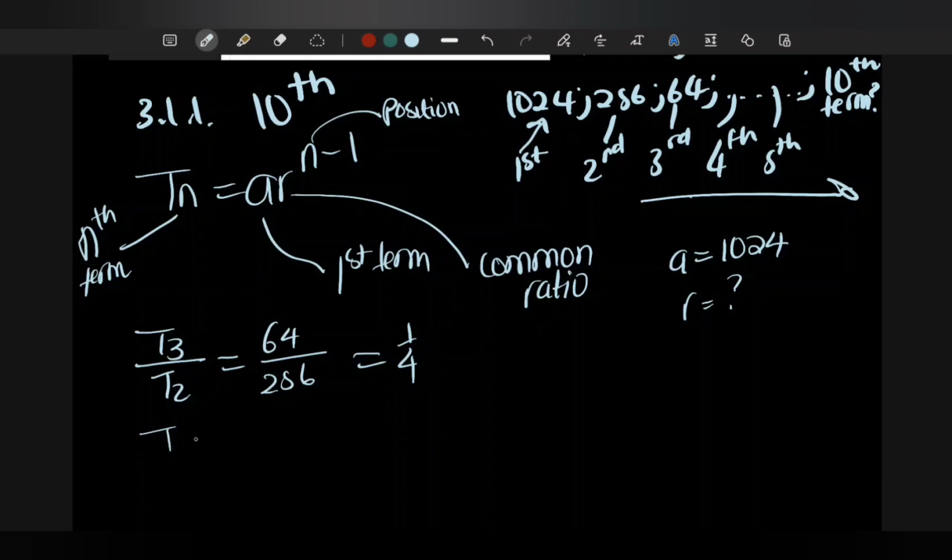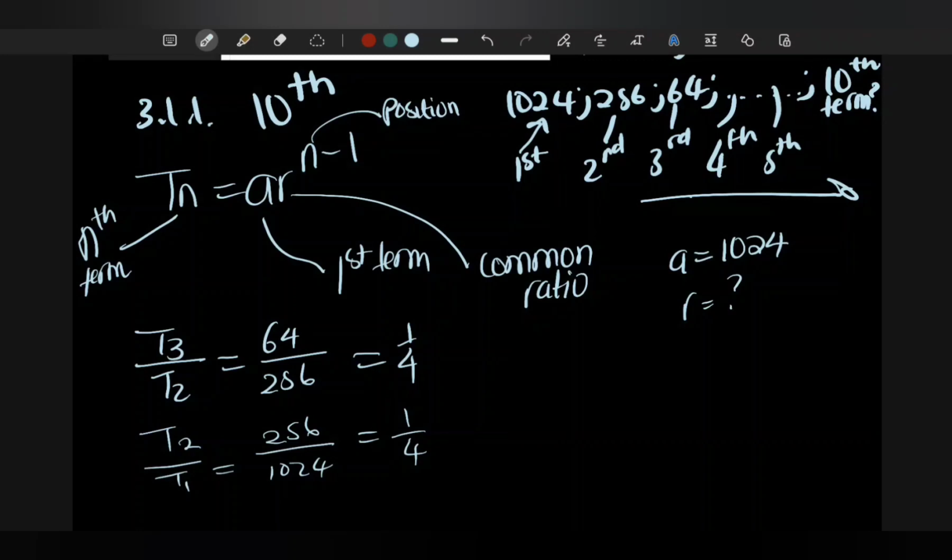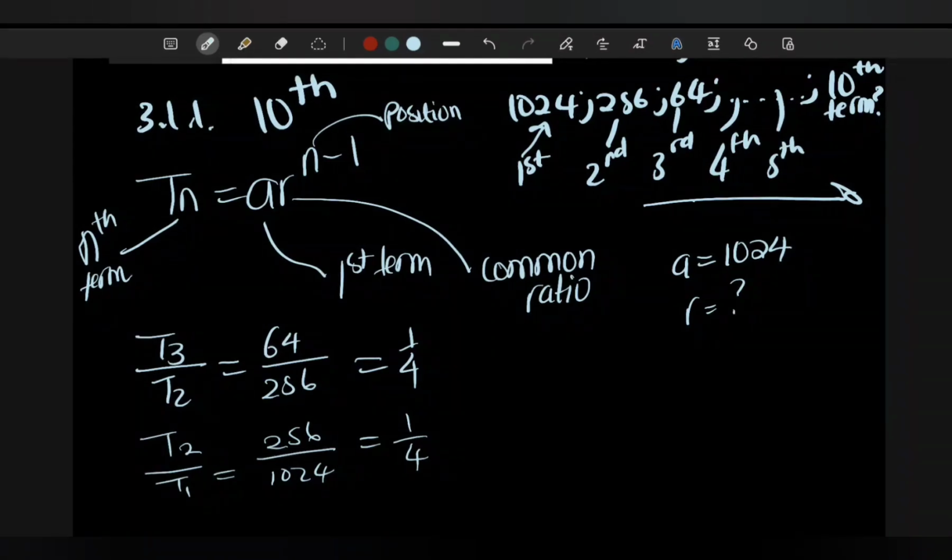Then T2 over T1, which is 256 divided by 1024. Sorry guys, 256 divided by 1024, which is still 1 over 4. So now we know that our R is 1/4.